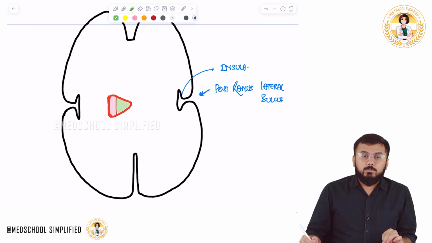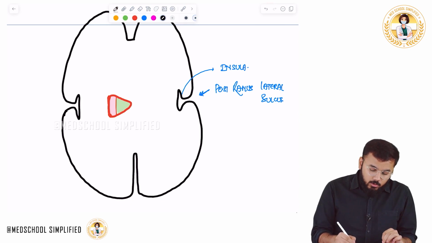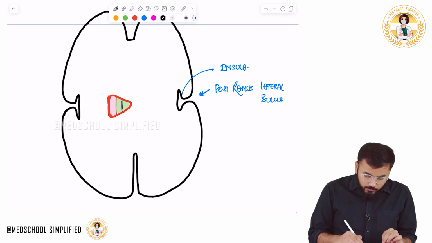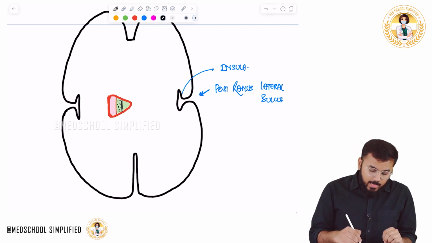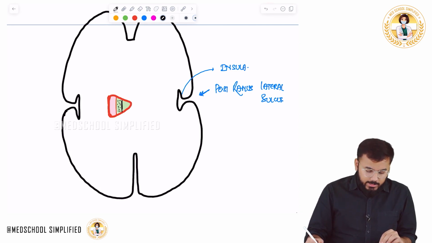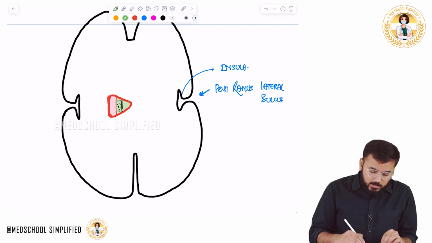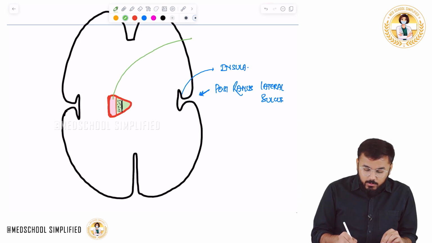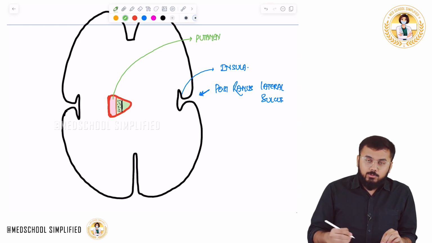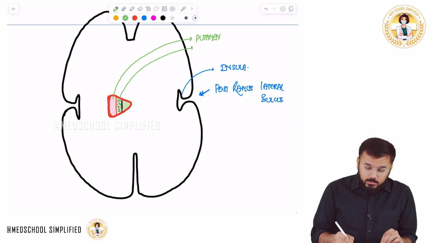Now within this globus pallidus also, you divide the globus pallidus into two parts. The part which is outside, this dotted thing whatever I'm drawing here, is the globus pallidus externus, and the remaining one is called the globus pallidus internus. So let me just name these parts. This part over here is your putamen. After this putamen, this part is your globus pallidus externus.